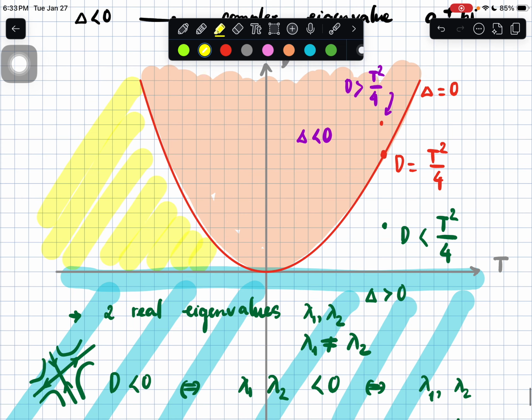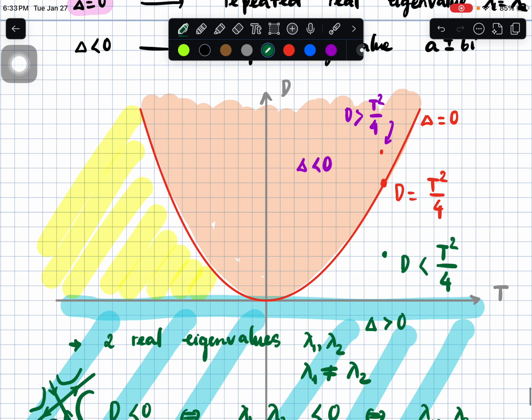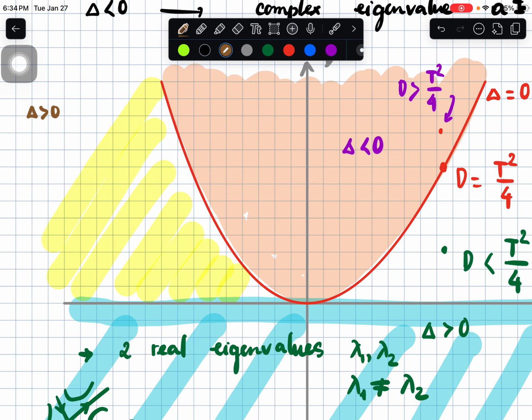We know that we're still in the case delta bigger than 0. We still have two real eigenvalues, lambda 1 and lambda 2. Lambda 1 is different from lambda 2 and they are both real.